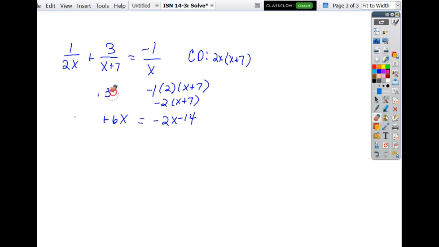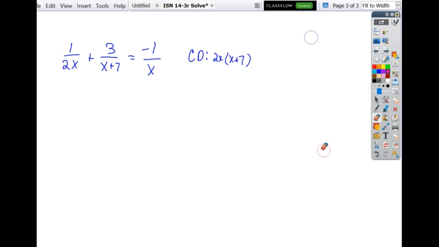So look at number 1 on your homework. So my common denominator is going to be, I need the 2x, I need the x plus 7, and then I need an x.